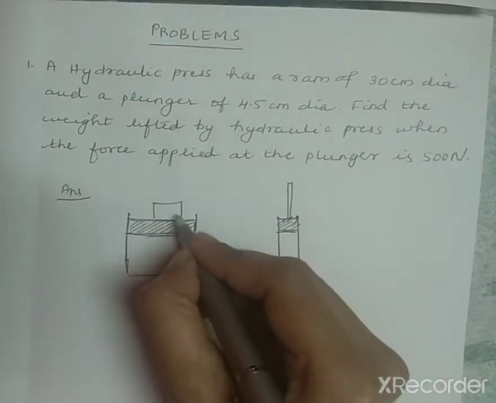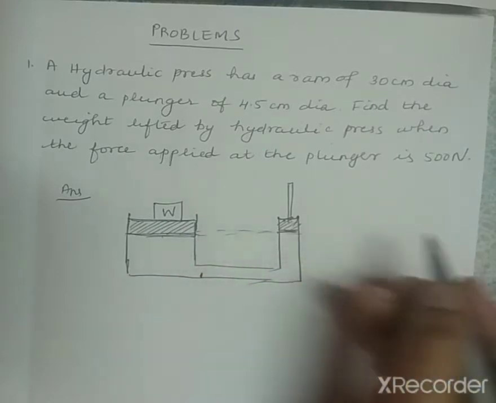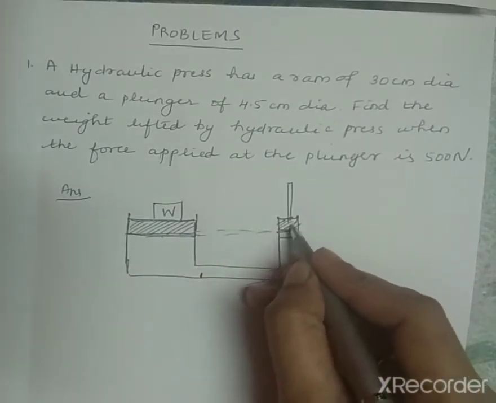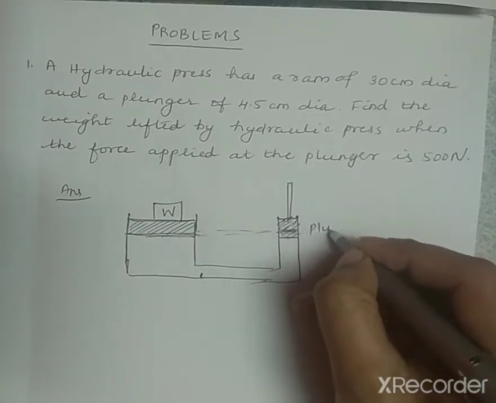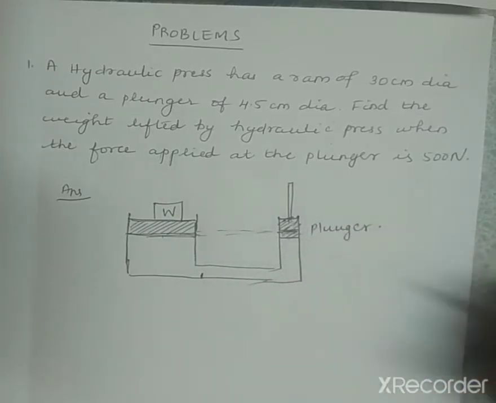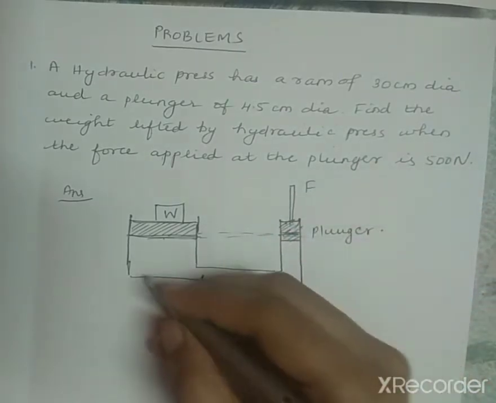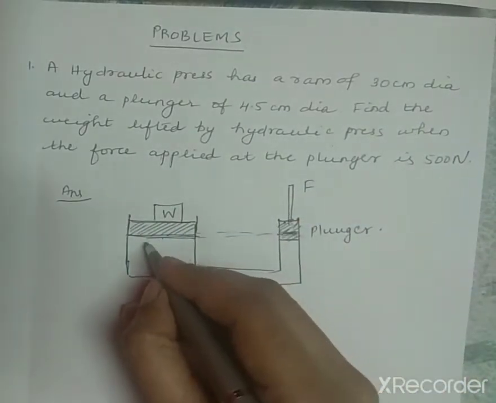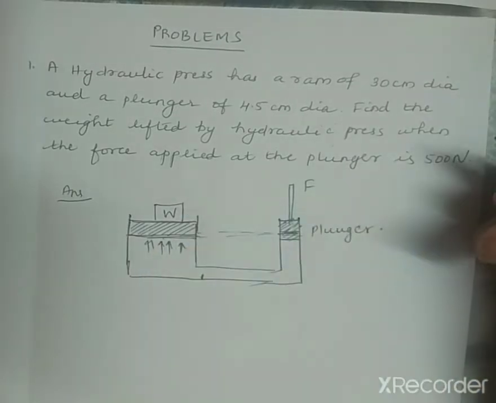So there is a weight over here, and it is at the same level. Okay, so this is the plunger, and I am applying a force over here, and it is transmitted through the fluid and helps to lift the weight over here.